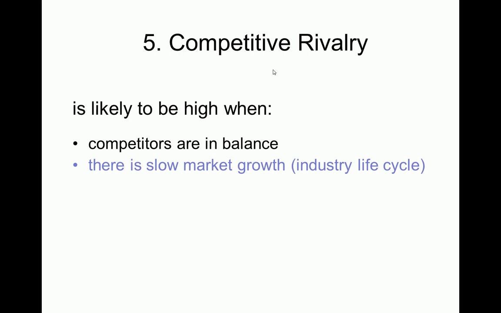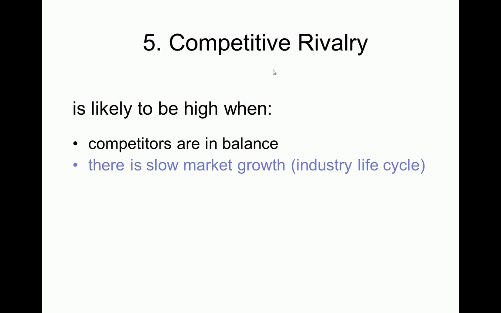This balance between the competitors in the industry is made worse if there is very slow market growth. If a market's growing nicely and quickly, then there's plenty of growth for all the players in that industry. They don't necessarily have to compete too strongly against each other. They just have to grow and expand and take up some of that market growth.